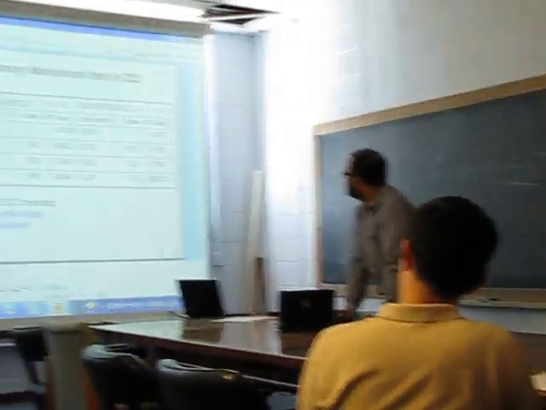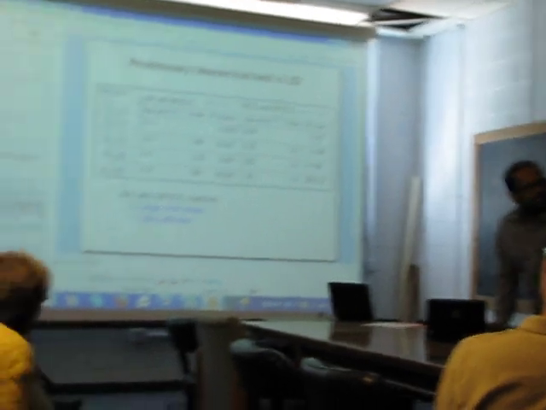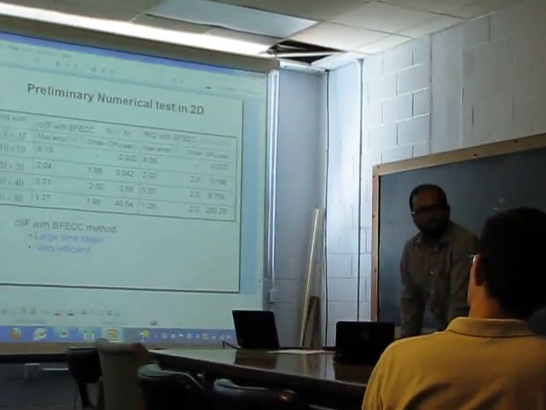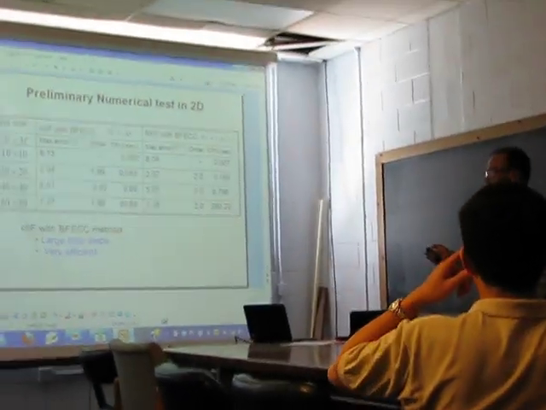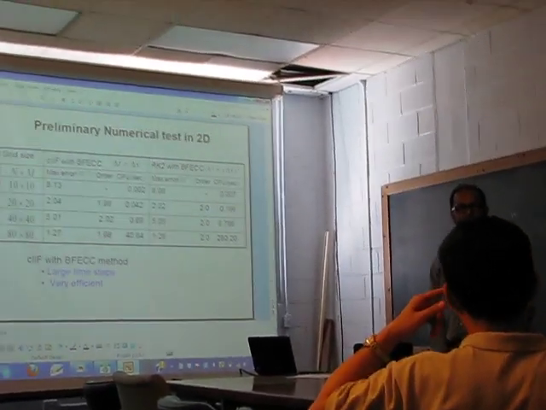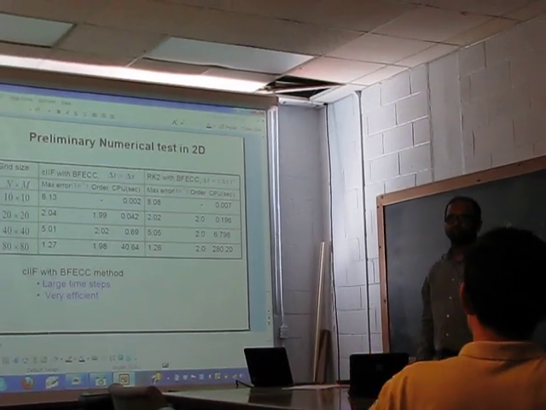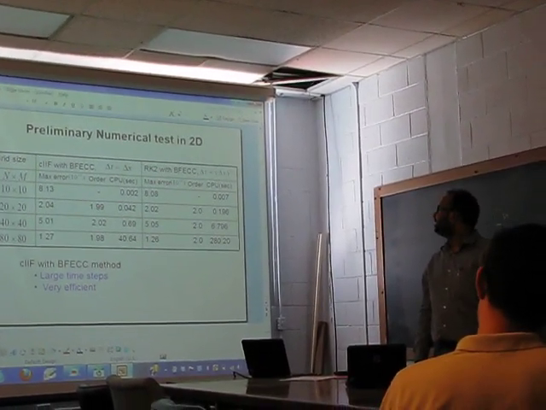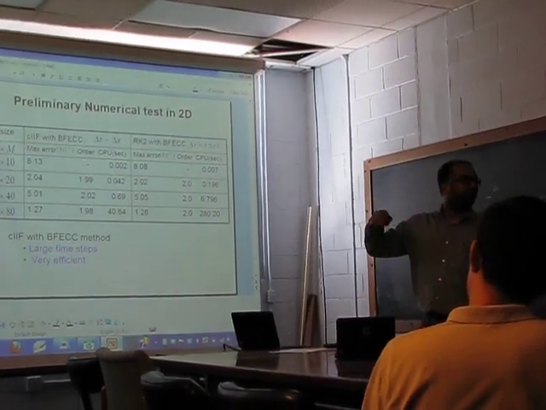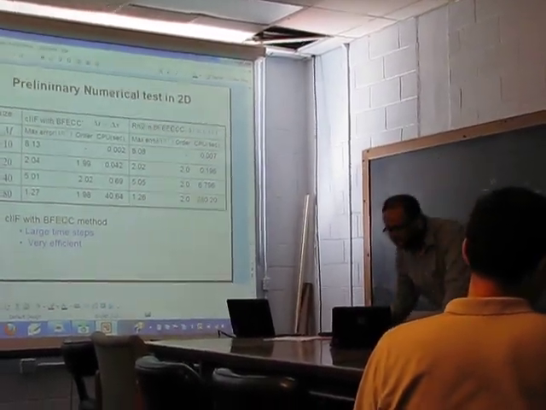Maybe it may be point. Double check with the CPU time. Is it the error or CPU time? I think the CPU time. Well, there's one possibility. This 40 by 40 might be 5 times 10 to the negative 4, because then that will be divided by 4, a factor of 4. It is a typo, sir.